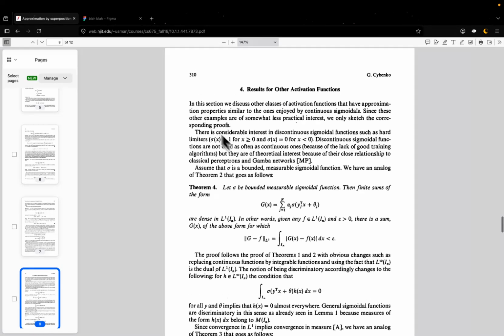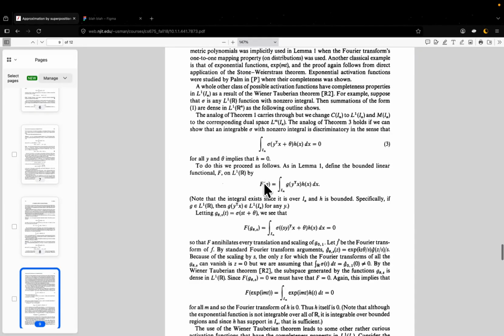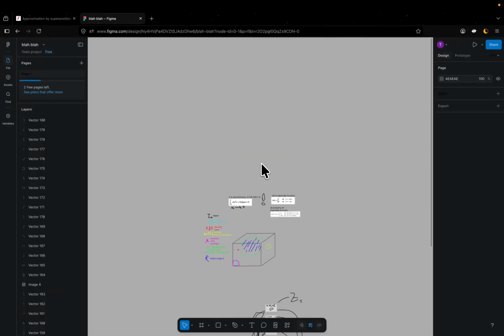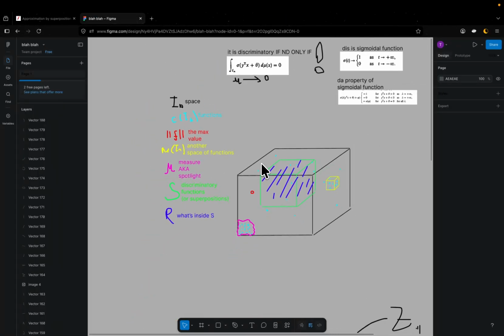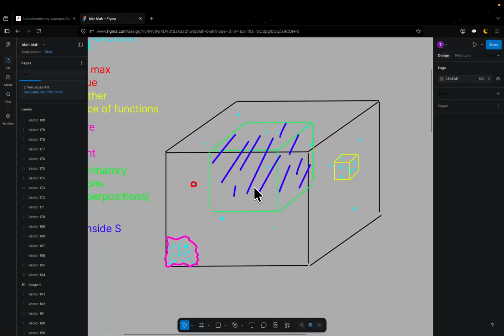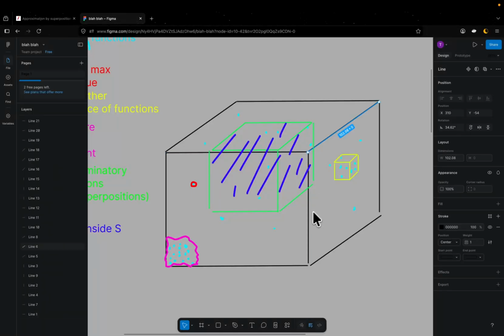And to be honest with you, from my perspective, this naming for the paragraph is not really cool, because what we're looking for is that, going back to our graph, we've discussed this space, this cube, and the important thing here is that this cube basically involves continuous functions.